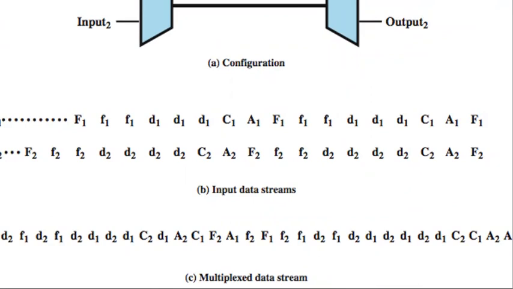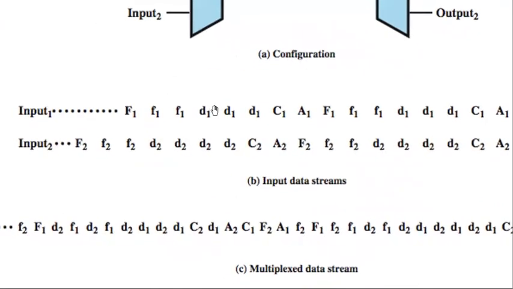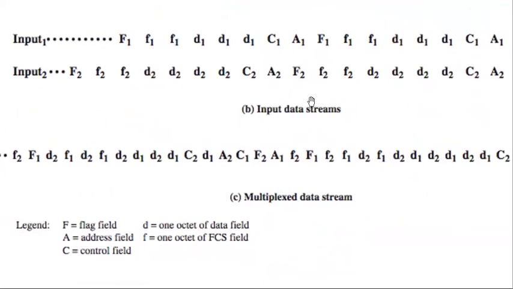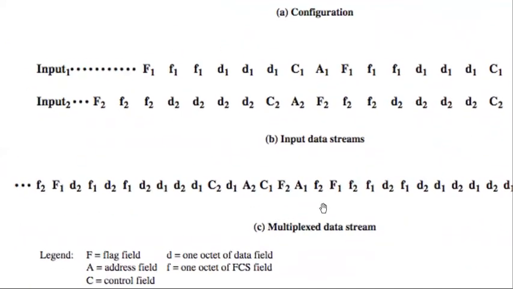A simplified example: assume two data sources, each using multiplexing. One is transmitting a stream of frames and the other contains data. These are the input data streams, and when we multiplex them, we combine the two input streams together and send them to a transmission medium.